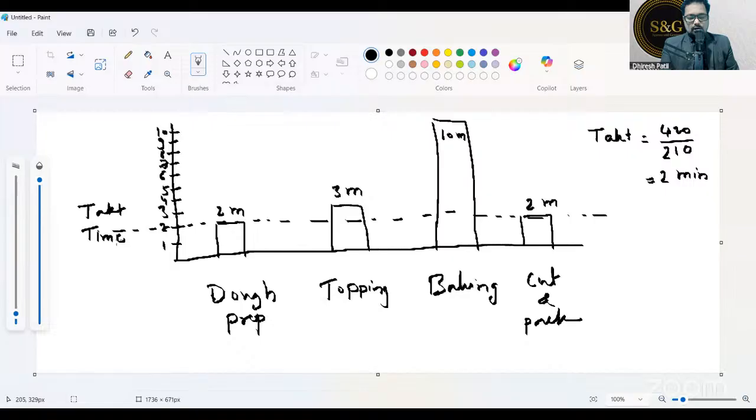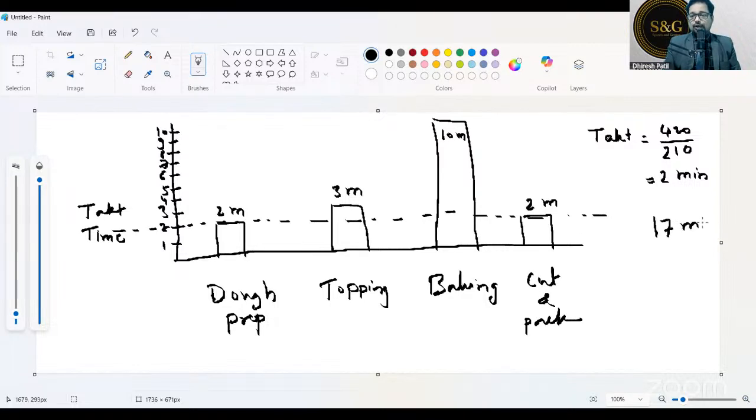Now understand this. For example, after I open the shop, listen to me very carefully. This can be a little confusing. Just try to focus here. I open the shop. The first customer comes in, gives the order, and I deliver the order in 17 minutes.